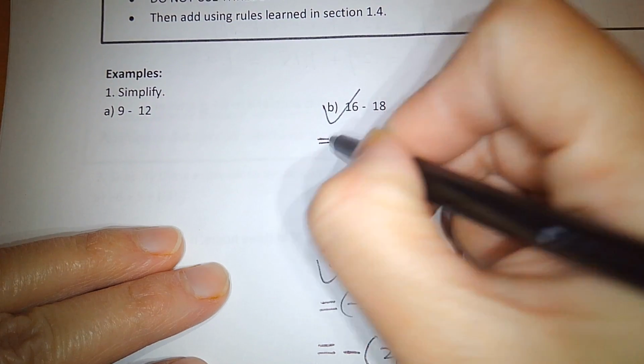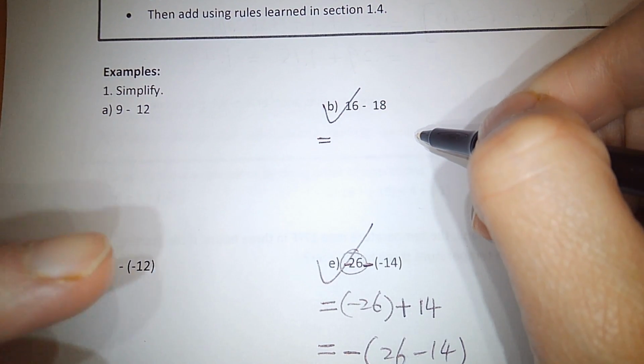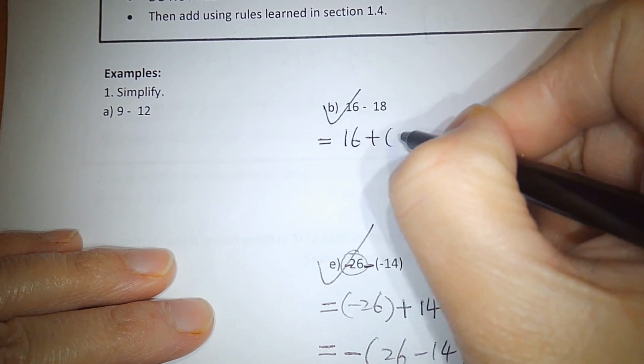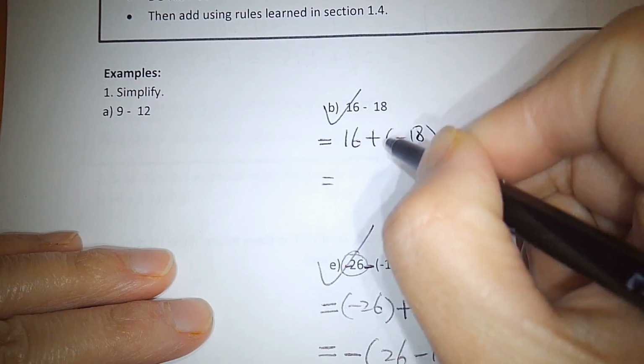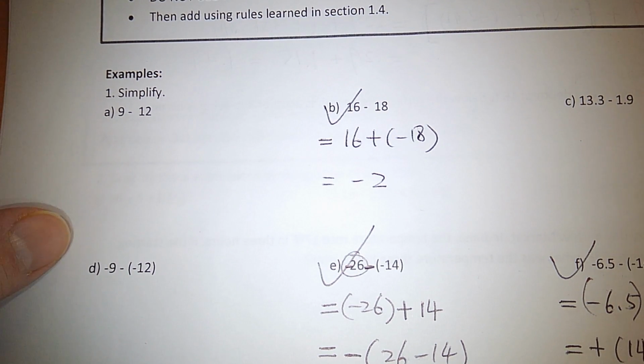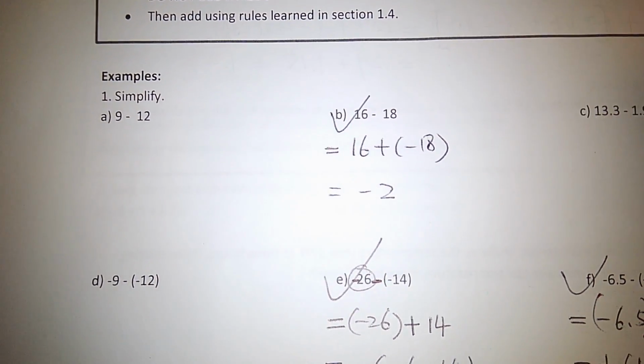What do you get? What's your result? Negative 2, yeah, how do you get that? 16 minus 18 becomes plus what? Negative 18, right? So that gives us a negative 2, right? Okay, so this is on this page, okay? Can we move on to the next page?